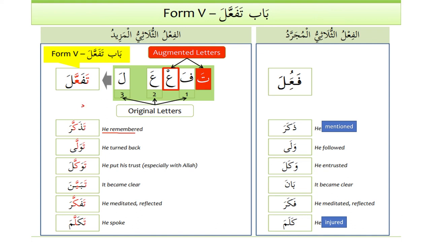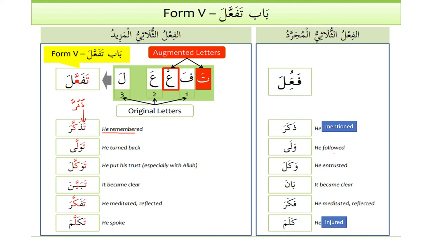What is form number 4? It will be dhakkara. Dhakkara, to make someone remember, yani remind. Dhakkara yudhakkiru tadhkiran, that means to remind. But when we talk about tadhakkara, that means to remember. So extra ta means reflexive. So you can remember like this. Extra ta means that you are doing something by yourself.